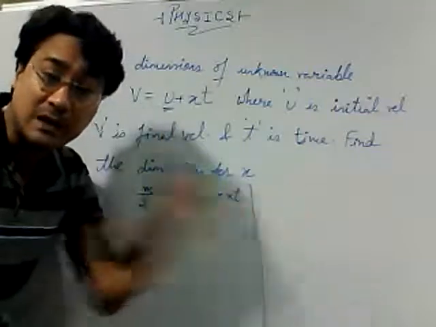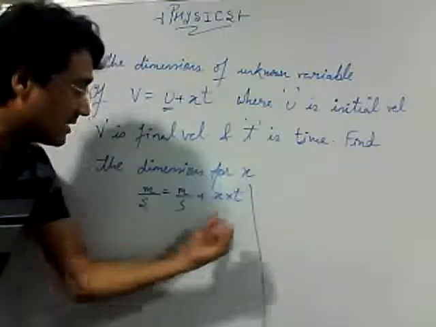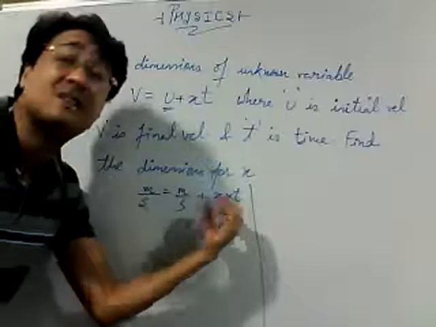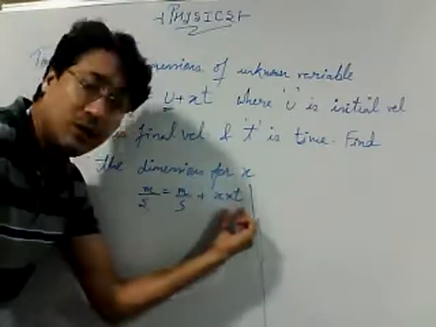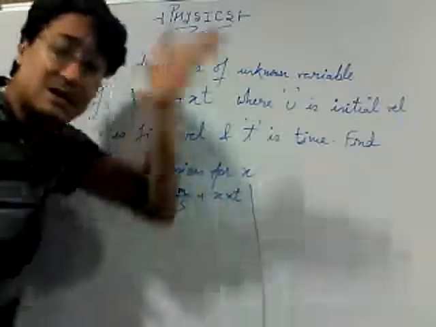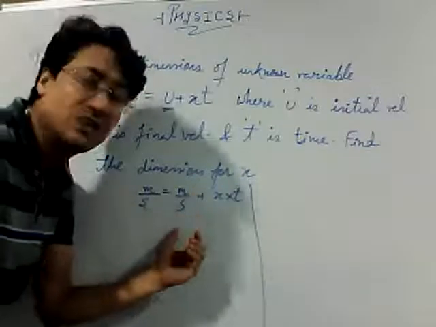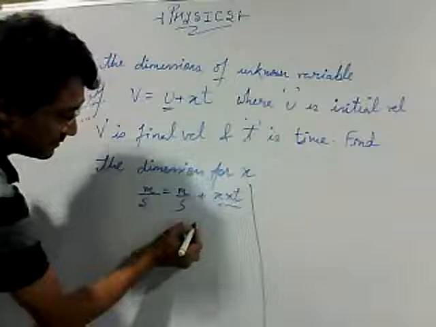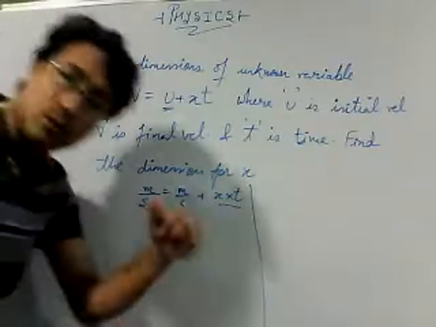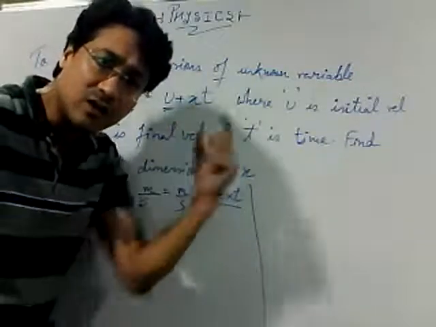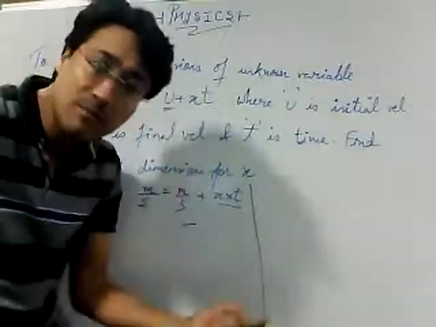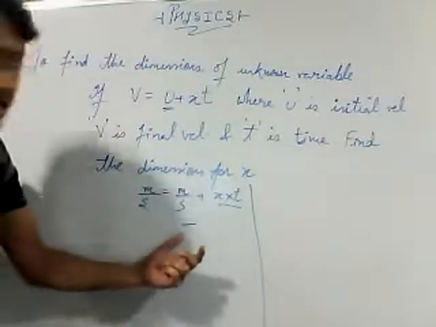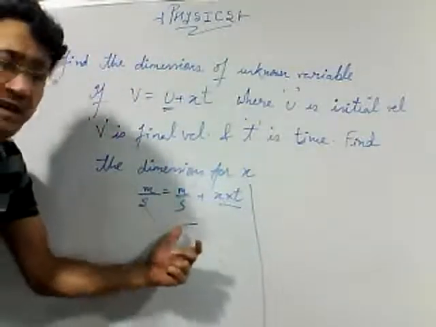If it is added to meters per second, that means the unit or dimension of xt, not x alone, is the same as the unit or dimension of meters per second, because this quantity is added to this quantity, and it can only be added if their units or dimensions are the same.